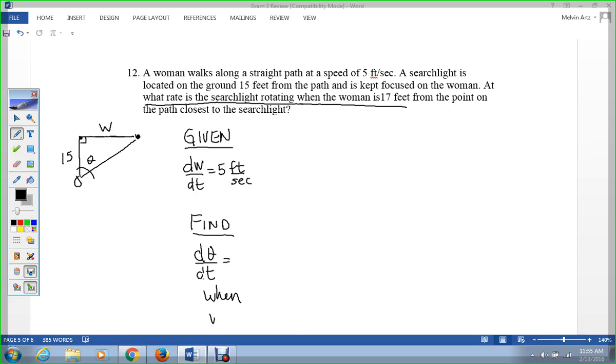So that would be when W equals 17. For an equation that relates our variables, we're going to have to use a trig function. We have the angle theta, the opposite side and the adjacent side. So we're going to use tangent of theta equals opposite over adjacent.